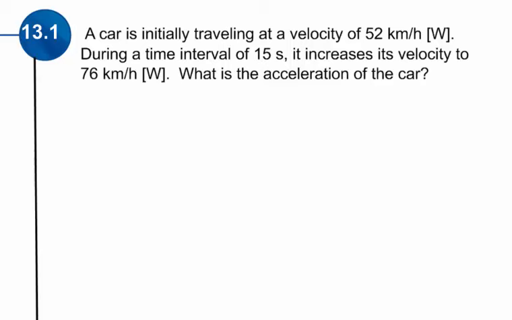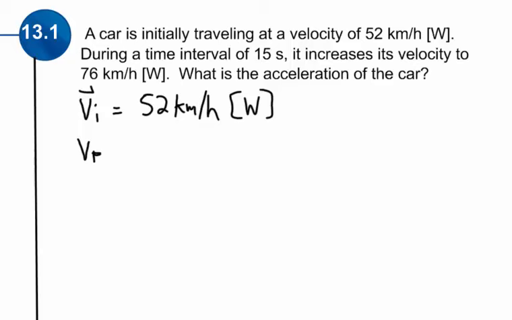Well, what we always want to do to start is write down our given information. And we're told an initial velocity of this object of 52 kilometers an hour in the west direction. We're also told that the car has a final velocity, and the final velocity is 76 kilometers an hour, again in the west direction.